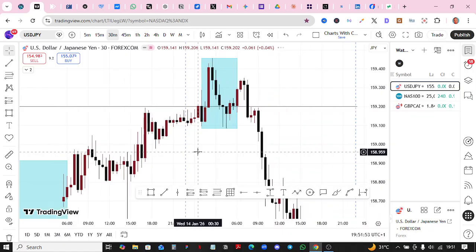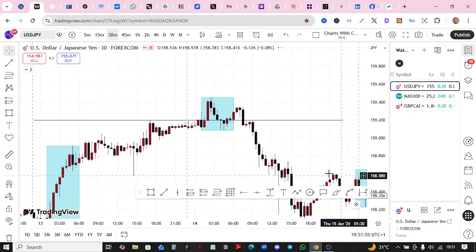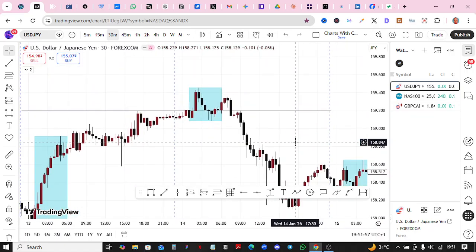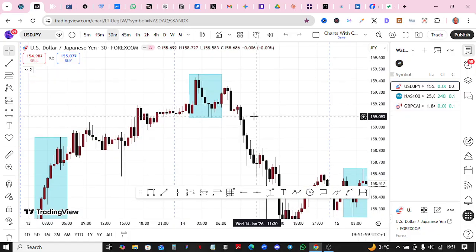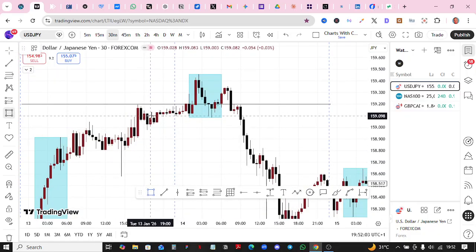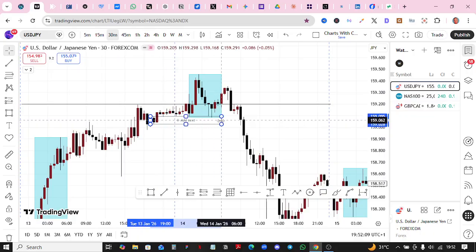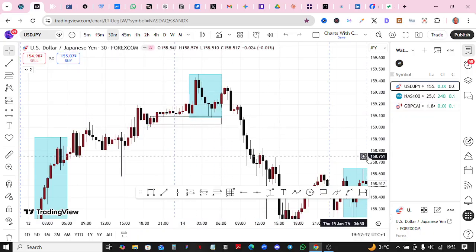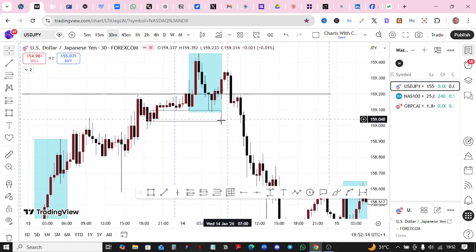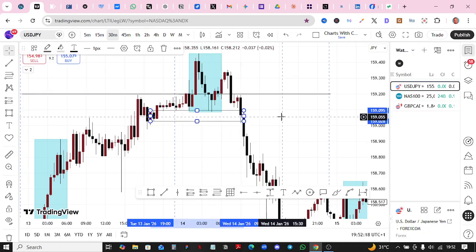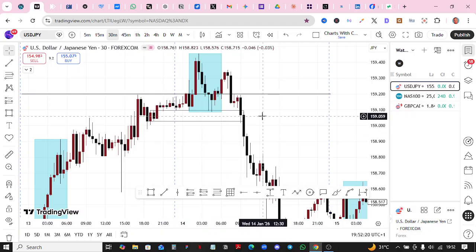Okay. Look at what happened there. This zone has already been mitigated, right? Now this zone failed completely. You can see the reaction that happened there, right?